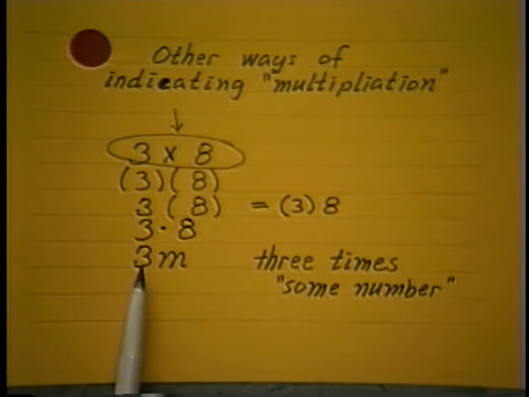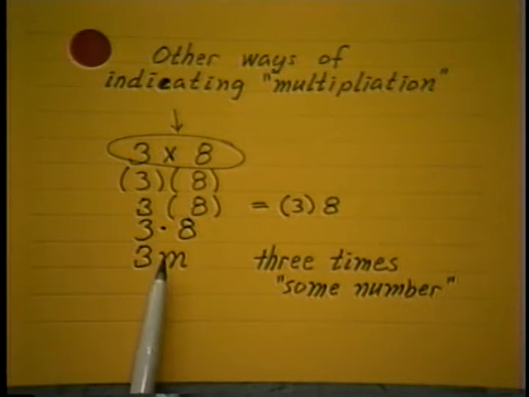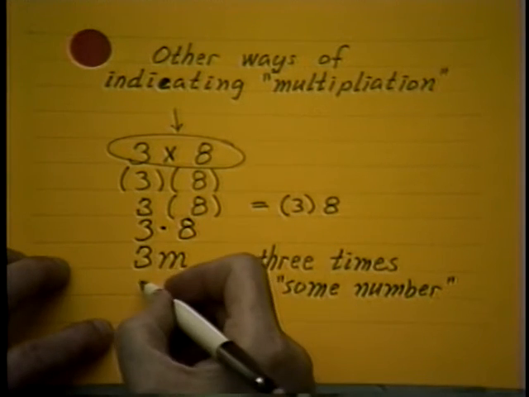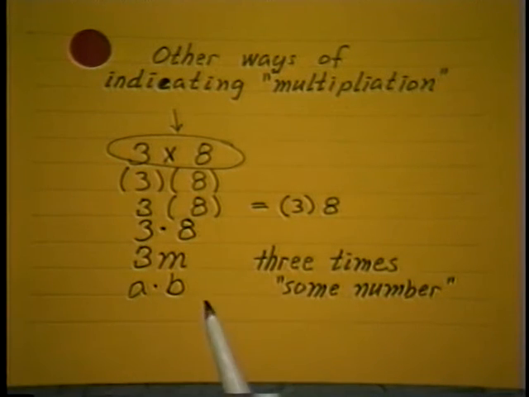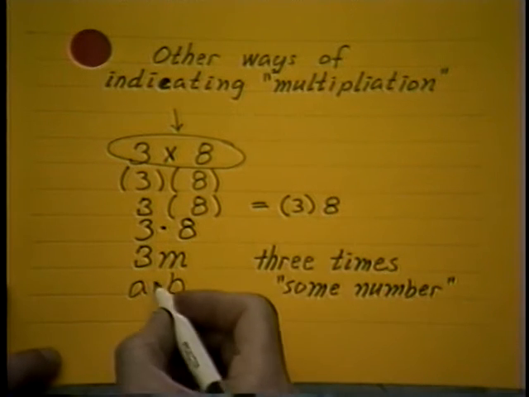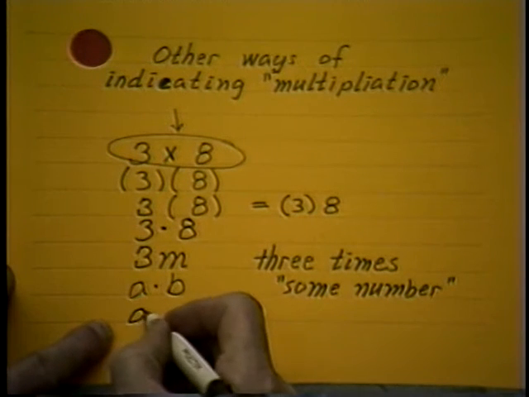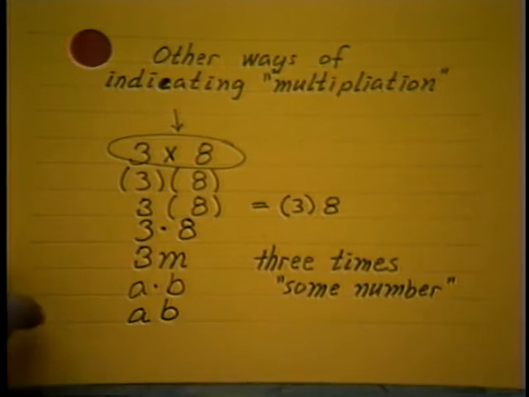So this will mean 3 times some number. If I had something like this, that will mean some number times some other number, but usually we will not write that dot. We'll simply show it that way.